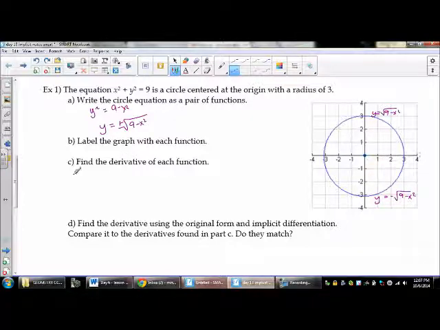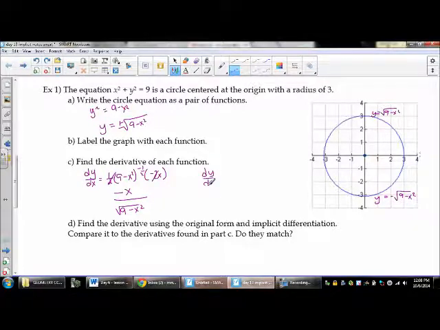And if I want to take the derivative, that's also okay. So if I take the derivative of the positive square root, I'd have dy/dx equals 1/2 (9 minus x squared) to the negative 1/2 times negative 2x. Kind of begging to be simplified here, so I have negative x over the square root of 9 minus x squared.